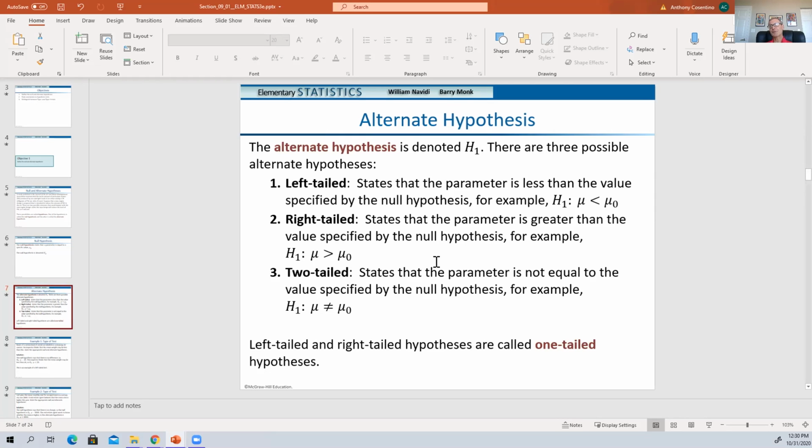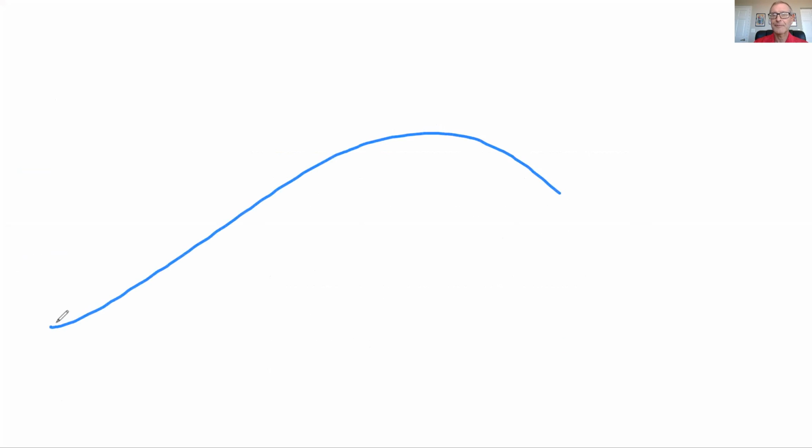It just depends on what we're trying to prove. And we have three different possibilities: less than the mean, greater than the mean, or not equal to the mean. That's set up like we have in our confidence intervals.